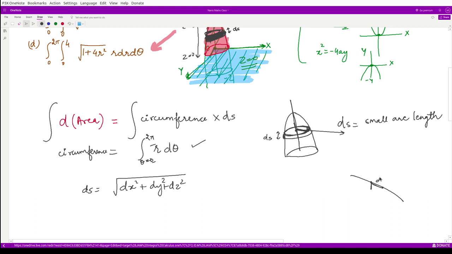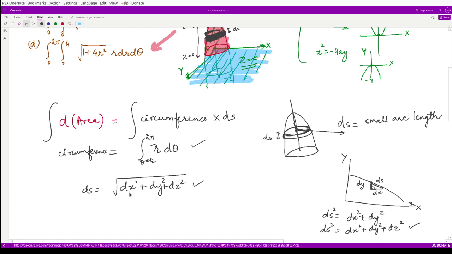Suppose this is ds, and this is your x axis, y axis. This small portion would be your dy and this small portion would be your dx. Accordingly we have a 90-degree angle here, so ds square is equal to dx square plus dy square. In 3 dimensions, ds square is equal to dx square plus dy square plus dz square. So accordingly you have this value of ds here.